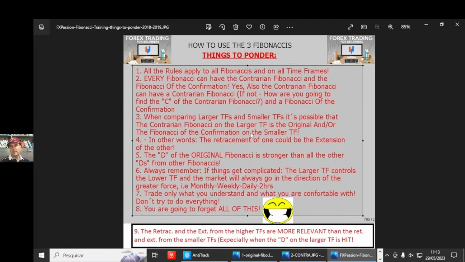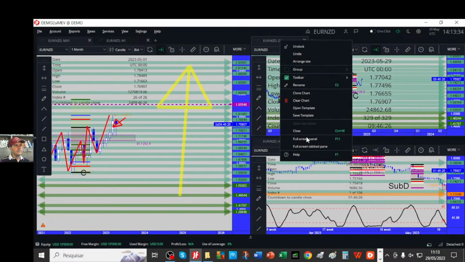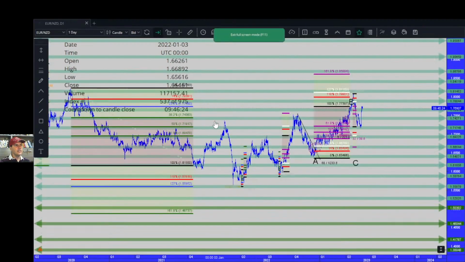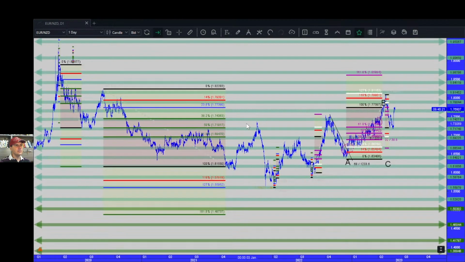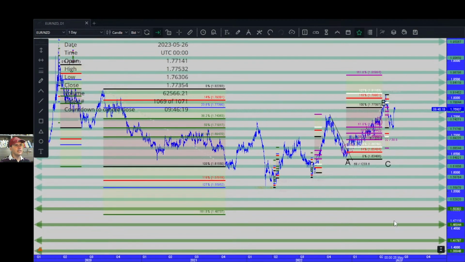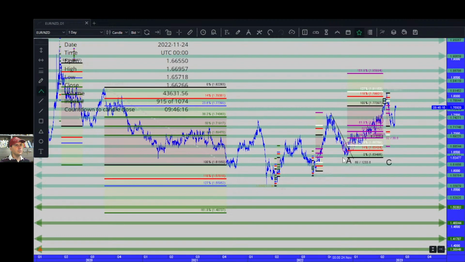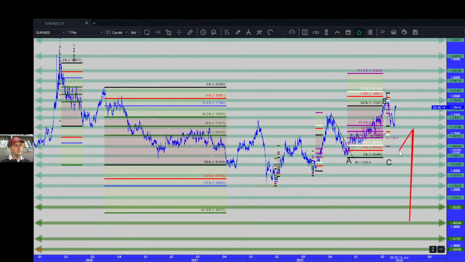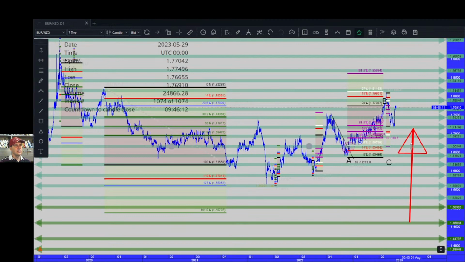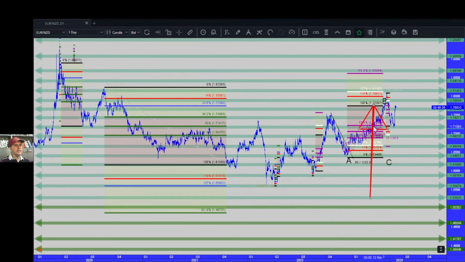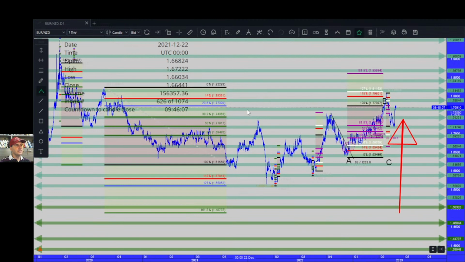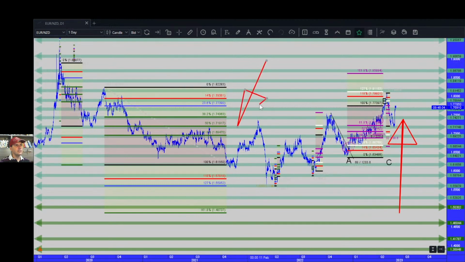We didn't learn yet the Fibonacci of the confirmation, okay? But Euro New Zealand is an example that on the daily the original is down and the contrarian is up, and this contrarian on the daily equals what on the monthly and the weekly, and this down Fibonacci, the original one on the daily, equals what on the monthly and the weekly.